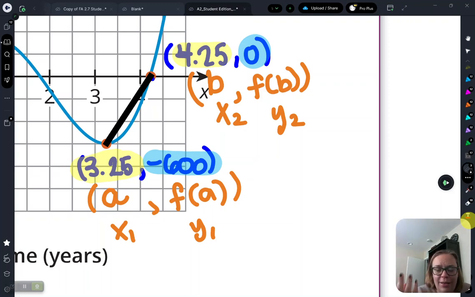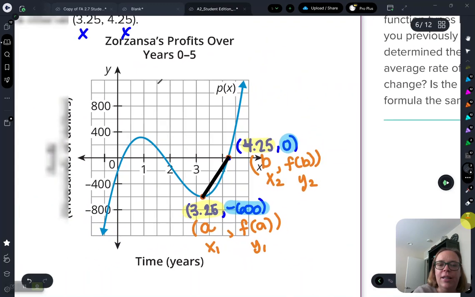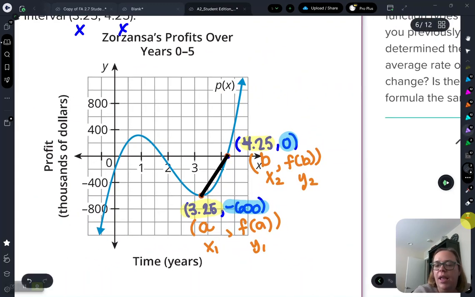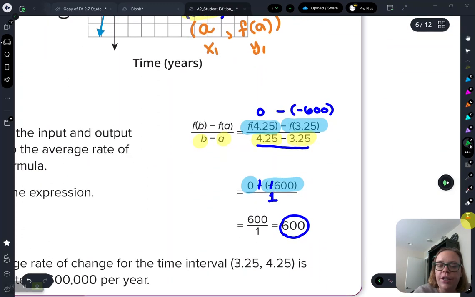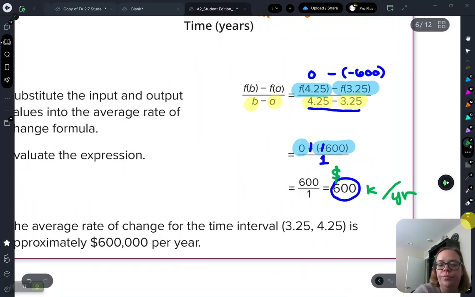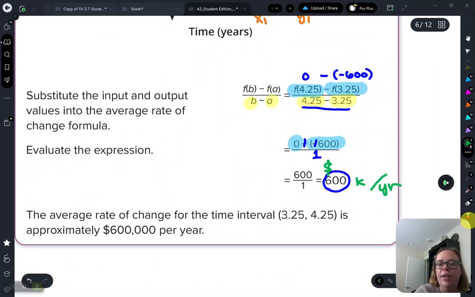You gotta remember this is in thousands of dollars over a period of years. So this rate is really $600,000 a year. So it's telling us the average rate of change in this time period is $600,000 in a year.